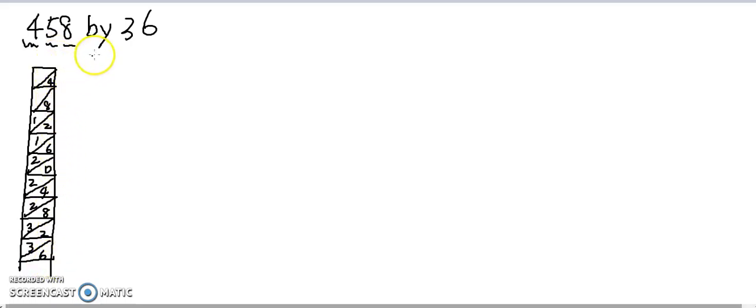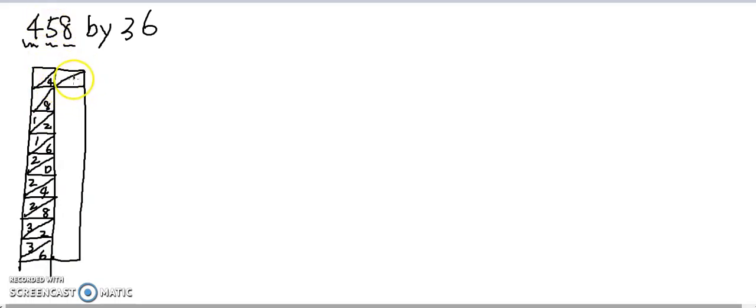Next we're going to attach another rod to 4. So the next digit we're going to need is 5.